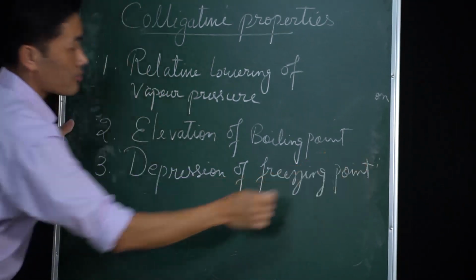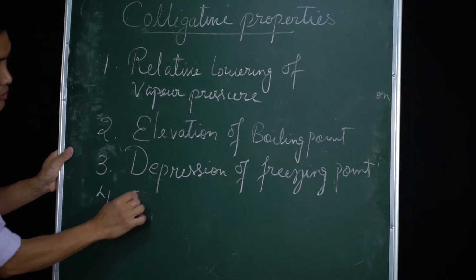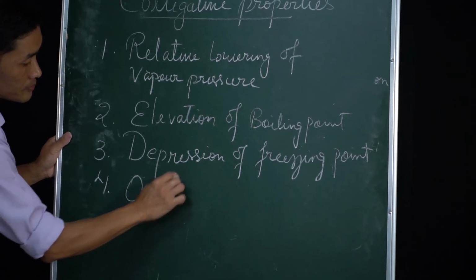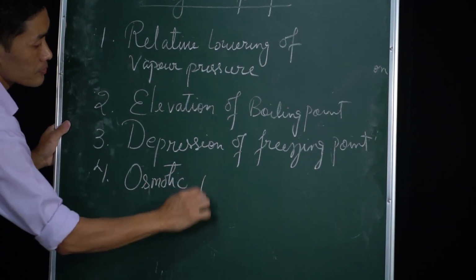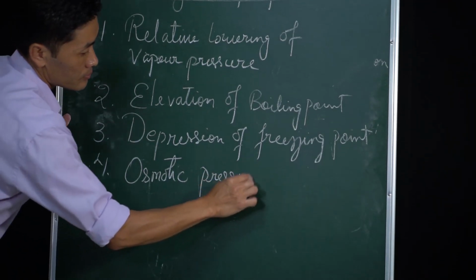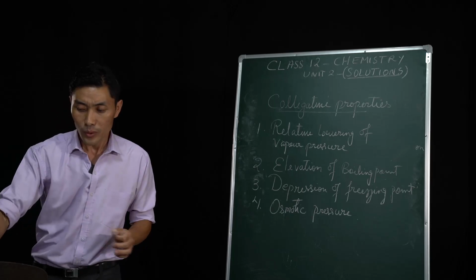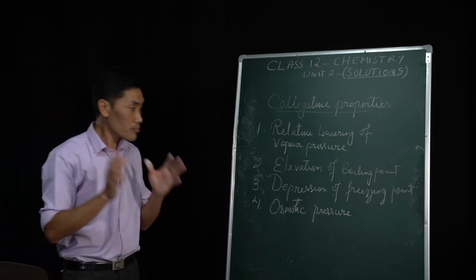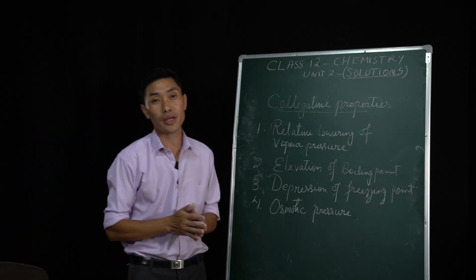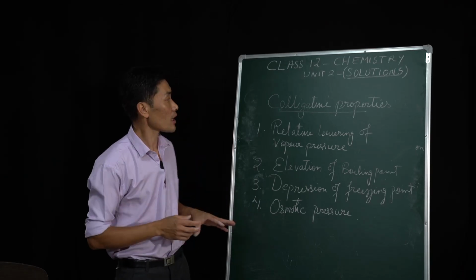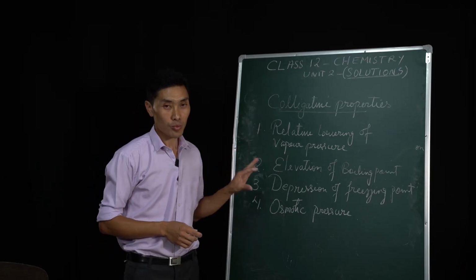Then finally we have the fourth colligative property, which is osmotic pressure. These are the 4 properties of solutions which depend only on the number of moles of the solute and not on their nature, and these are called colligative properties.